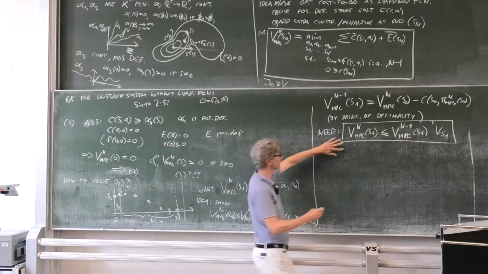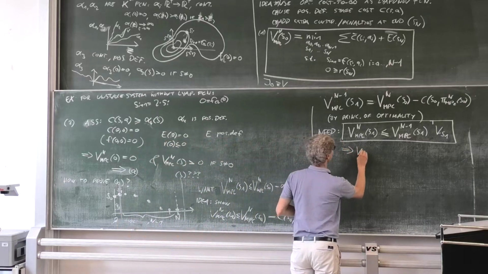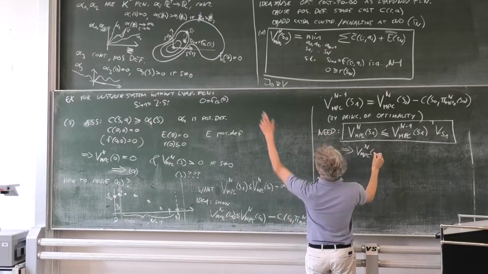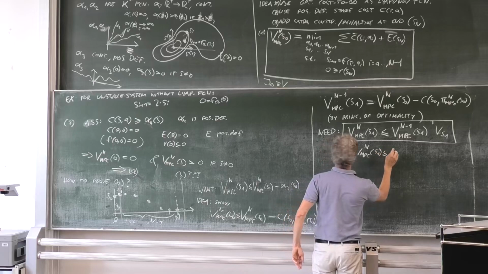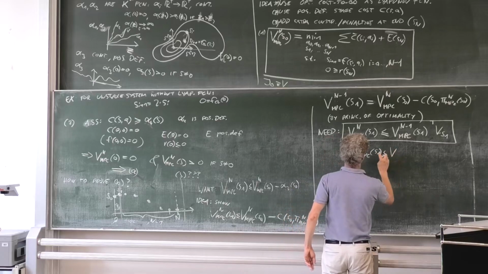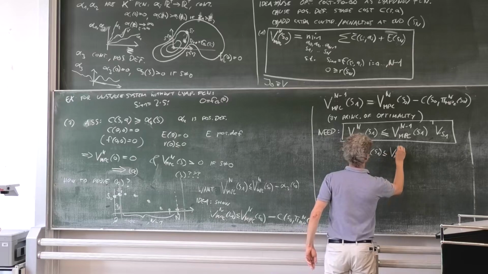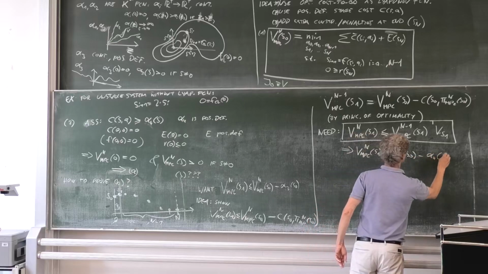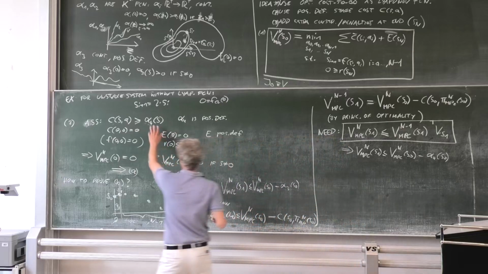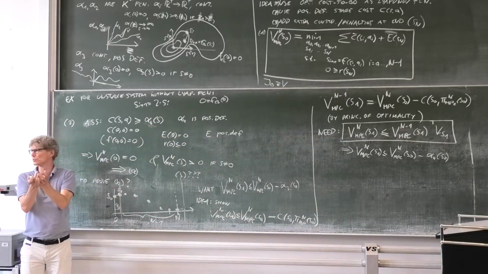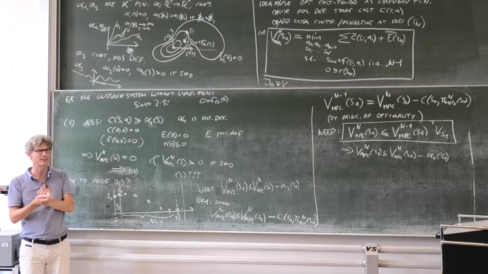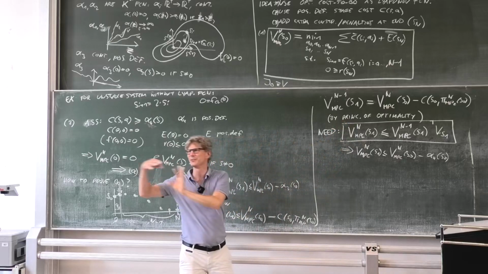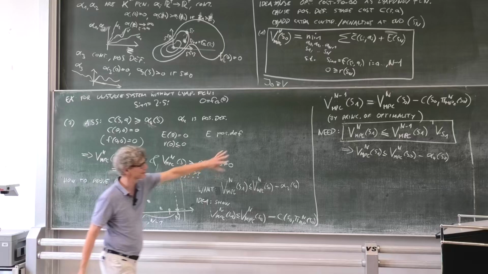Because if we would have this, then this would imply that V MPC n of S1 is really smaller than V MPC n of S0 minus alpha 4 of S0, right? That's from this positive definite assumption. So we just need to choose a positive definite cost. That's like quadratic deviation or something. And if we get this extra condition right, then this whole thing will give us a stability proof. But this extra condition we don't have yet.